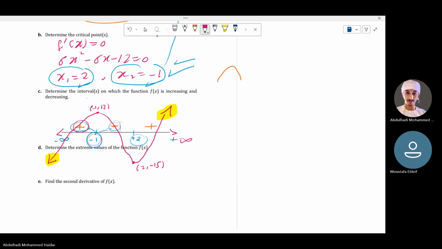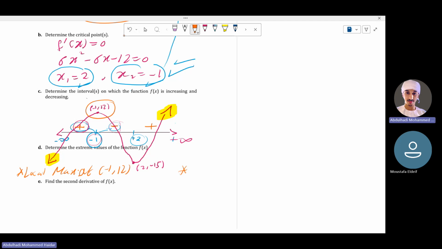So we are going to determine where the extreme values are. We have a local max at this point, at -1 and 12. And we have a local minimum.